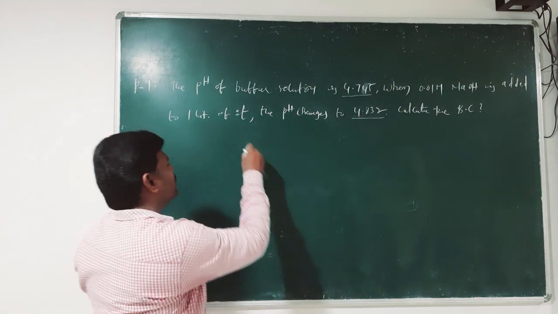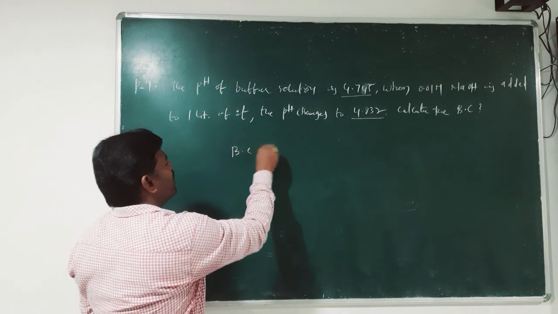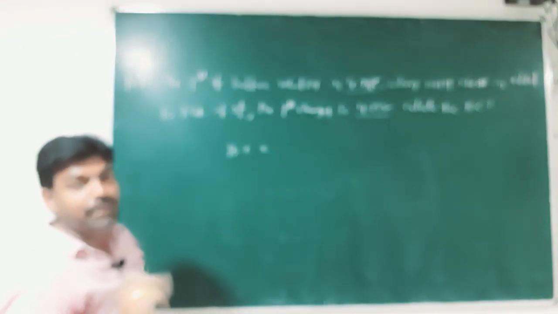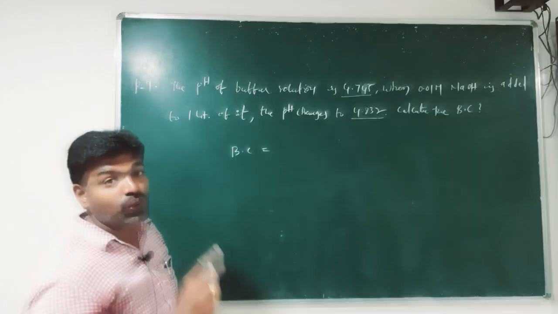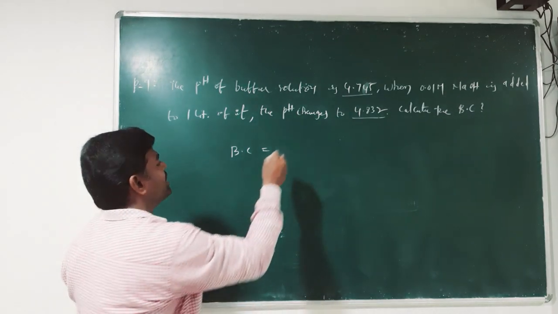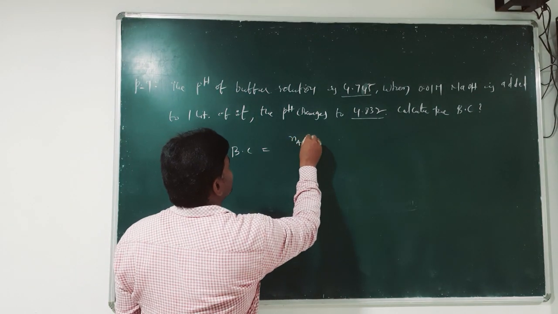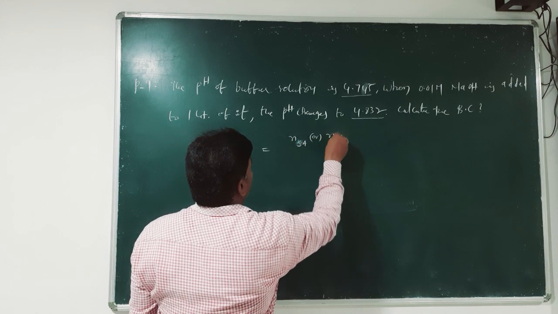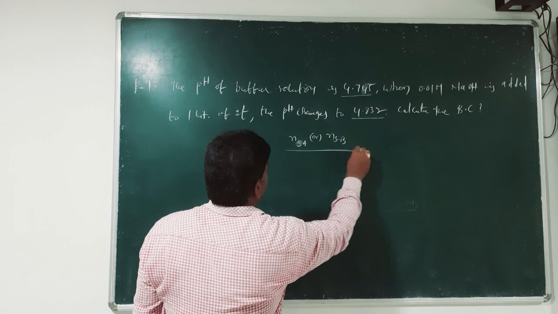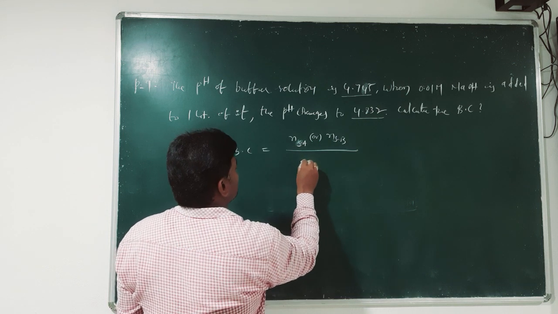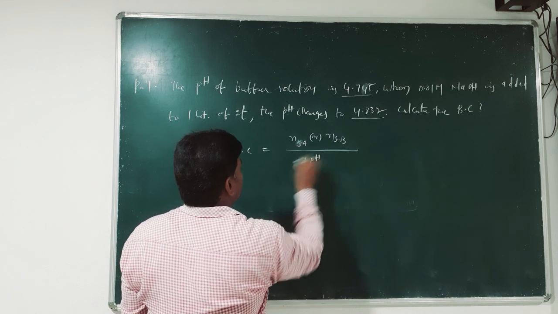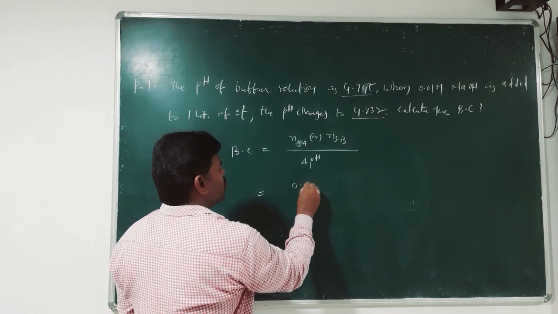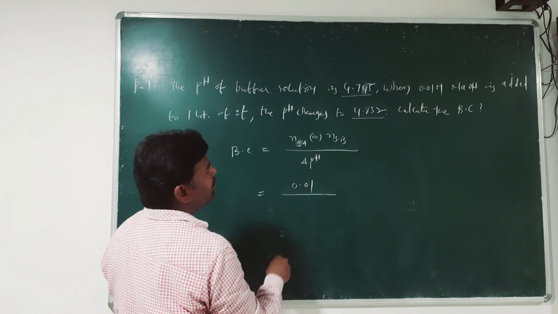When we know the number of moles of strong acid or strong base being added and the change in pH, there is a conventional formula to calculate the buffer capacity: the number of moles of strong acid or strong base divided by the change in pH. Here the number of moles of strong base added is 0.01, divided by the change in pH.